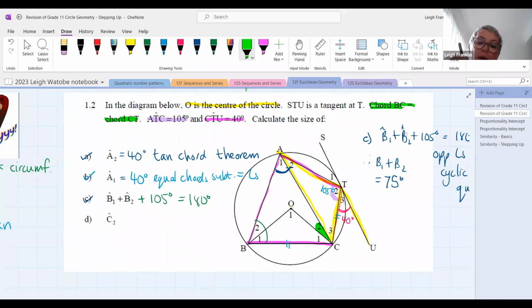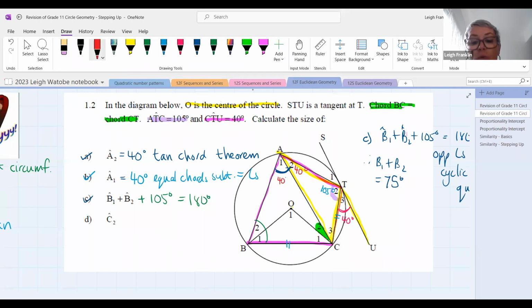But in order to work out how big C2 is, what else do we need? We need to know the size of C3 and C1. Can anybody tell me how we could work out the size of angle C3 quite easily? Remember, this is 40 and that's 40.